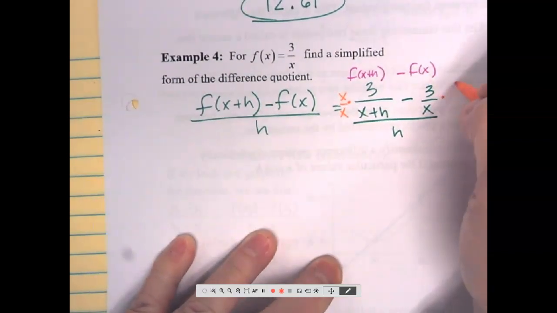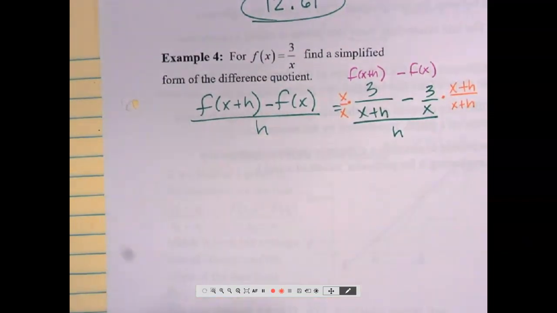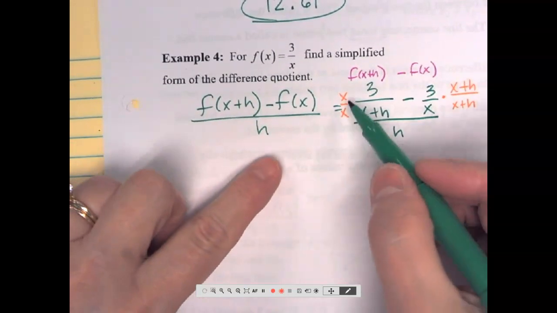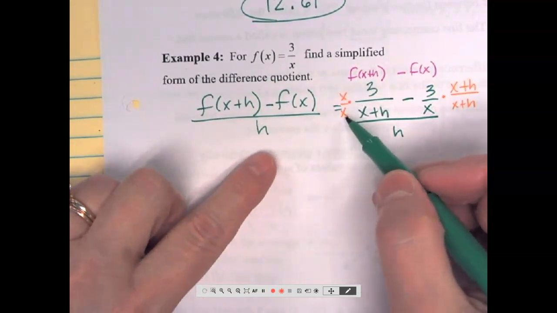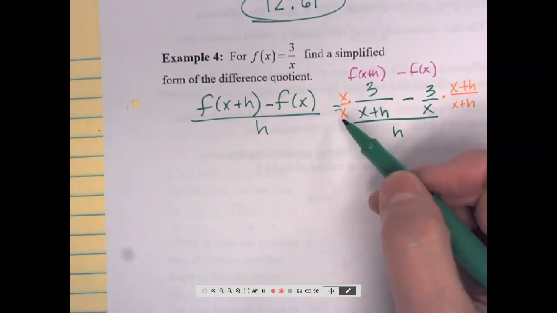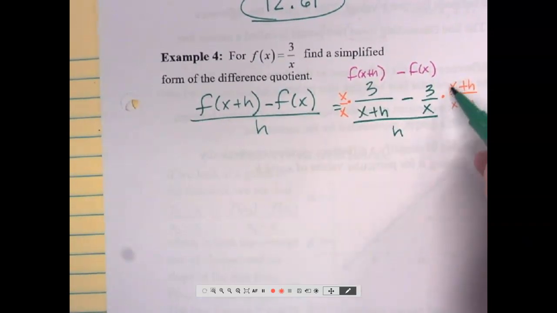This fraction over here will be multiplied by x plus h over x plus h. So I'm just multiplying each by the other denominator. Okay, so when I multiply by these, we multiply top and bottom because I need to multiply by 1. So that's a form of 1, that's a form of 1.